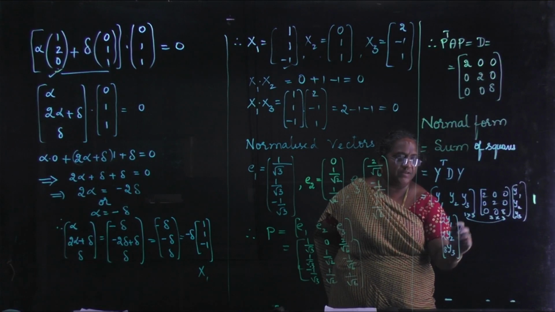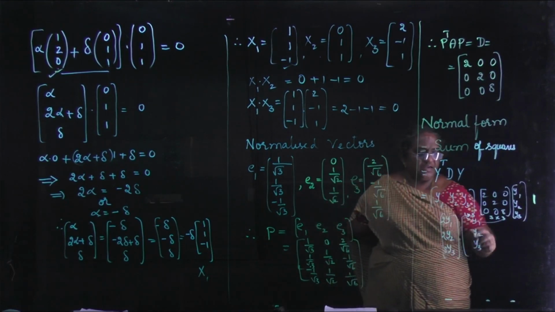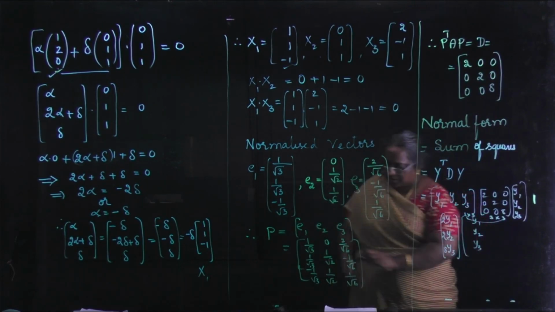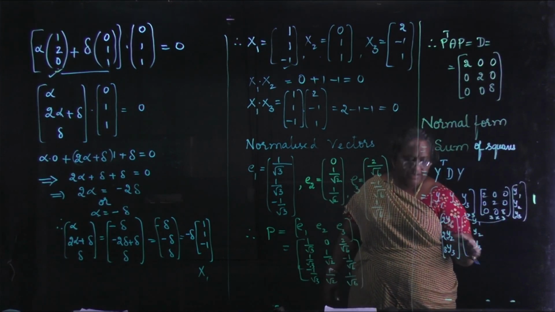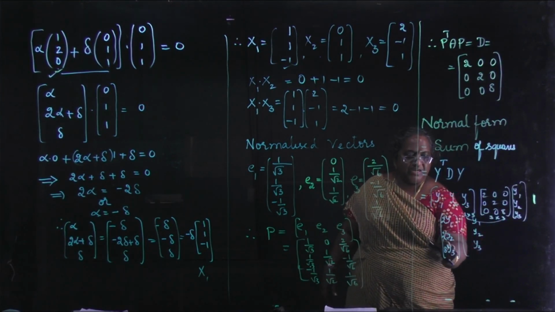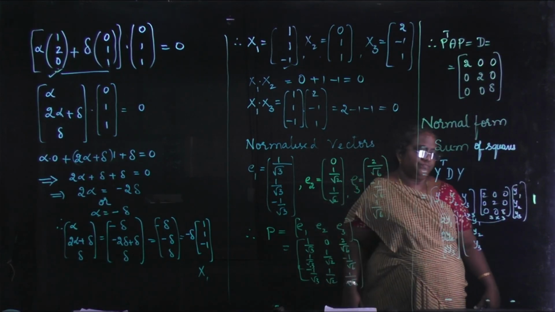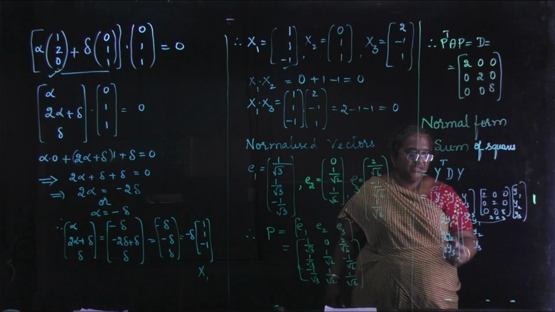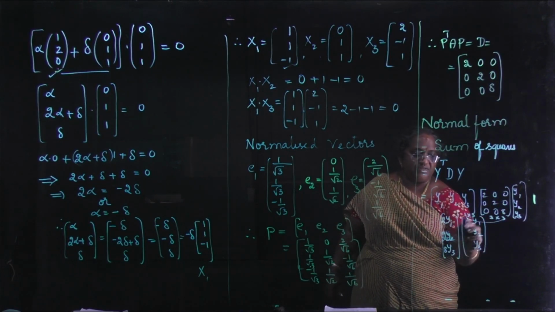This is 8Y3 multiplied with Y1, Y2, Y3. So we get a 1 by 3 matrix here. We can take it as a transpose matrix, because we get a 1 by 3 matrix. This is the transpose matrix. Means we have to multiply 2y1 into y1.